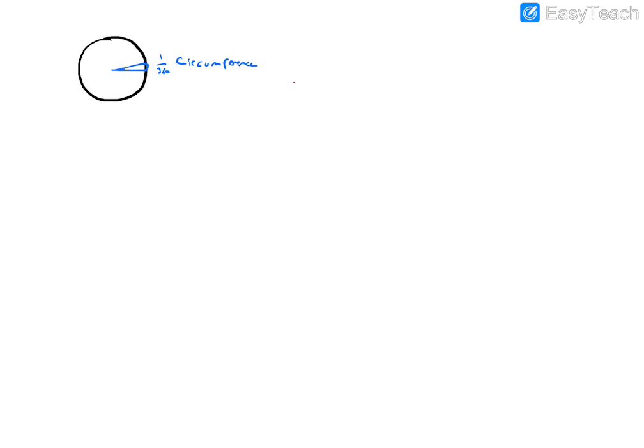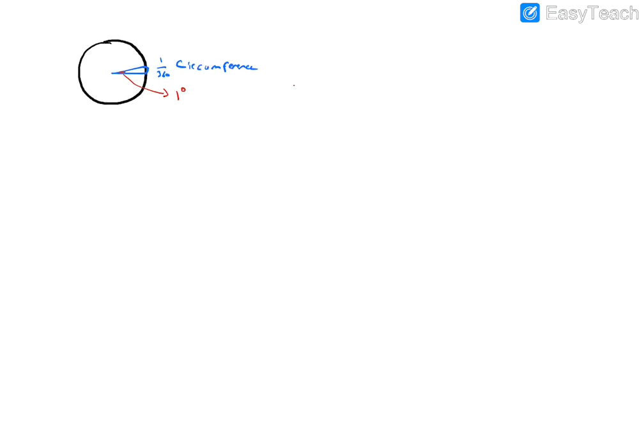So that angle, maybe we can use the red color, is called 1 degree, and it is denoted this way. So totally this is 360 degrees. A central angle subtended by an arc that is 1 over 4 of the circumference has a degree measure of 90 degrees.